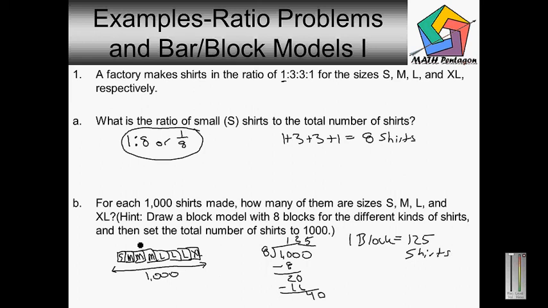Now we just have to figure out each certain size. For small we have 1 block. So 1 block we already know is equal to 125 shirts. So for small we have 125 shirts.